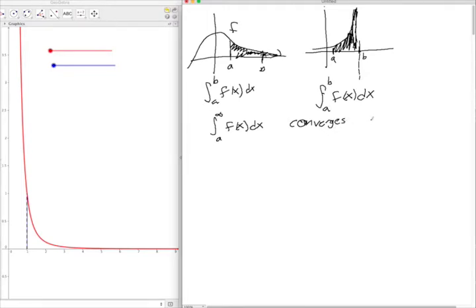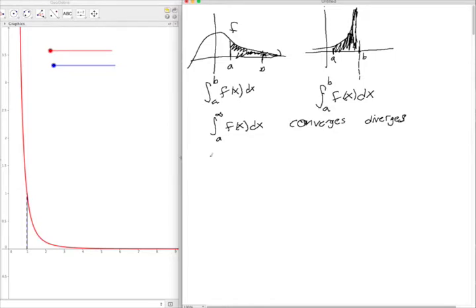If not, we say the integral diverges. Now those terms are going to come up again later on when we do sequences and series, but for now we're going to use that. Basically, if that infinite area actually isn't infinite, if it approaches a number, we're going to say it converges. Otherwise it diverges. So let's actually start with an example.